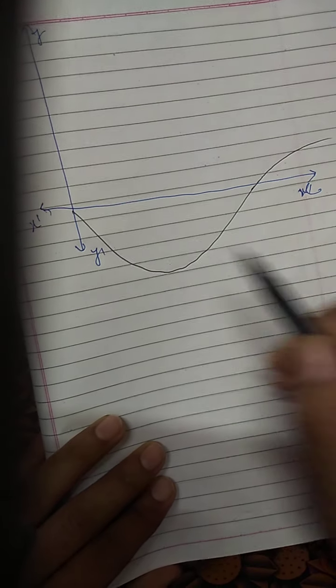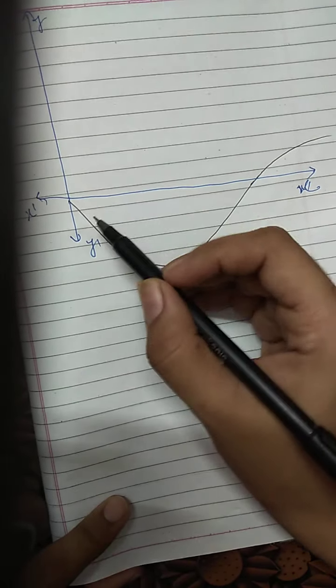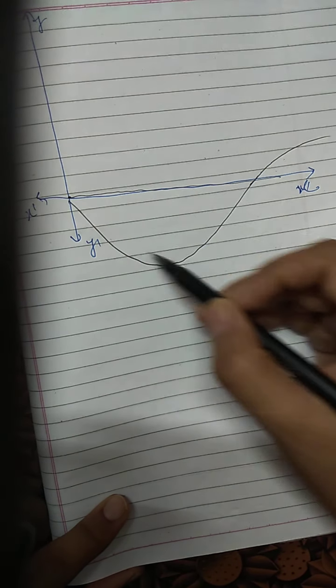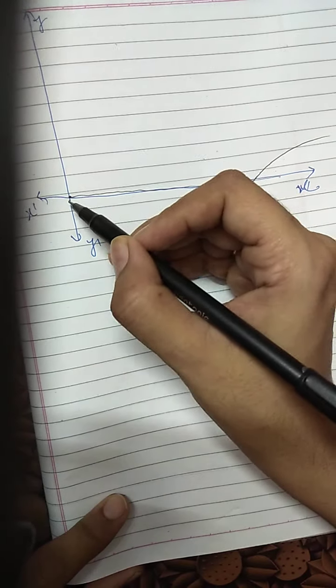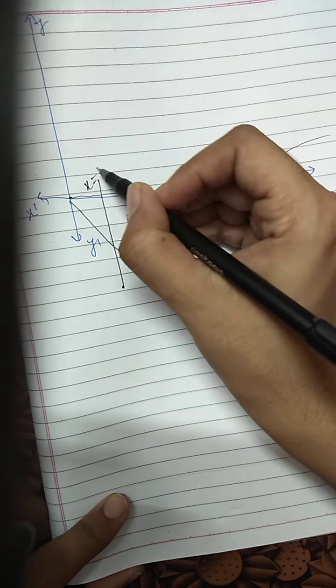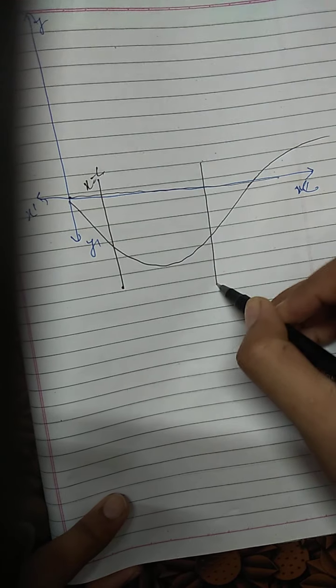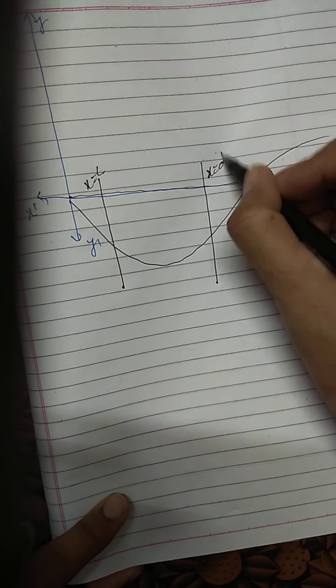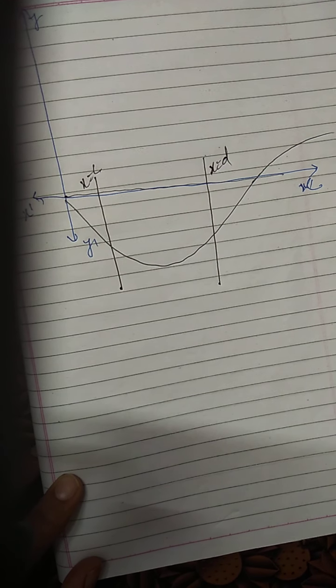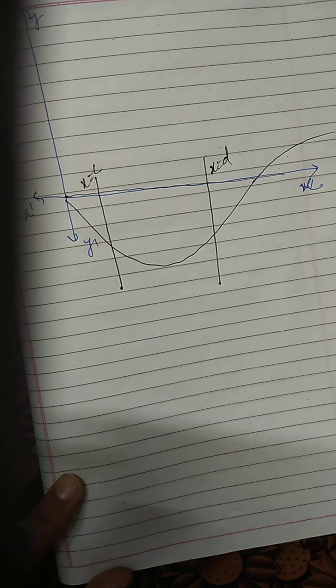Okay, and I have to find the area bounded by the x-axis and this curve, and the lines are given, the line x equals c to x equals d. We have these two lines, but the curve is now below the axis.